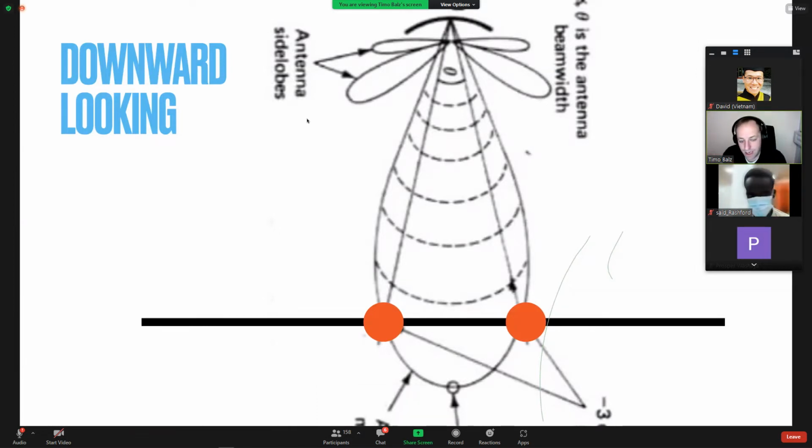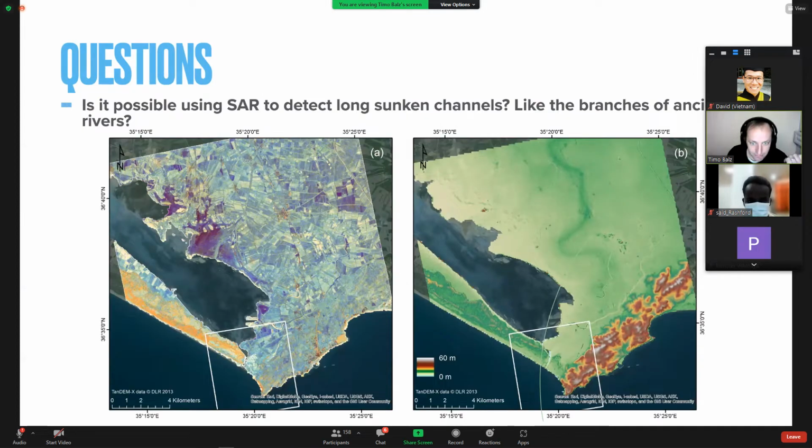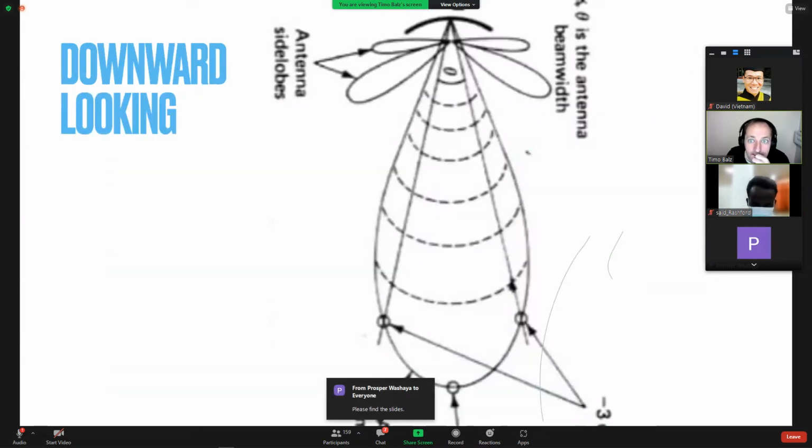It's ambiguous. I get a signal, but I don't know if it's on the left side or on the right side. So my image would be divided somewhere in the middle, and I don't know what's left or right. Because that's ambiguous, I can't really do that.